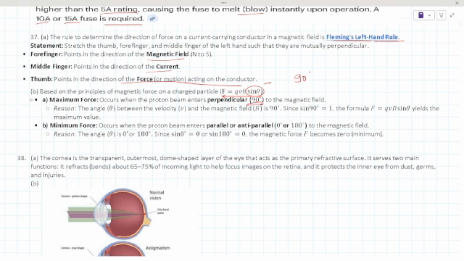It will be perpendicular, so when the angle is 90 degrees, the force F will be maximum, at that time sine theta will be 1 and F will be maximum here.